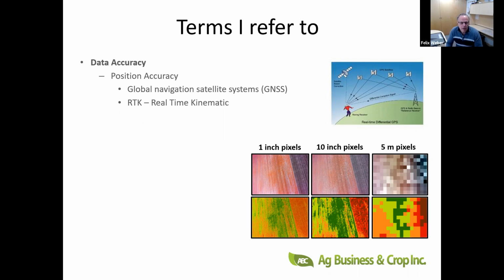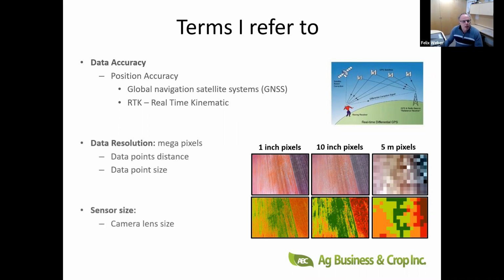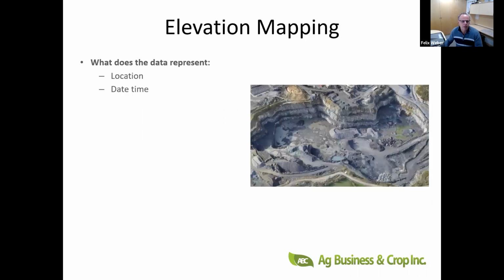So if you look at a satellite image with 5-meter resolution, that means you can recognize something within 50 meters. With drone data, 5 centimeters gives you recognition within 5 meters. There are any number of other operational factors with resolution, but we don't want to go into those details.